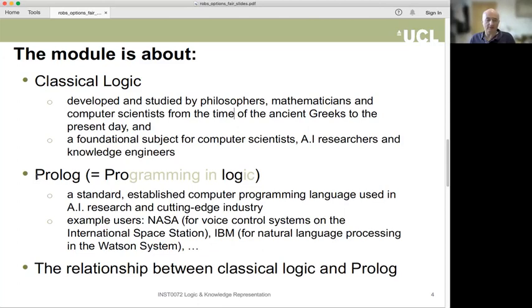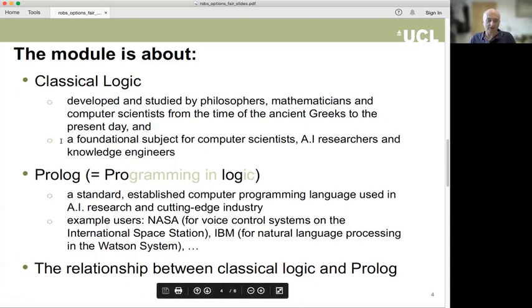And then the module is also about the programming language Prolog. Now, Prolog is a standard AI programming language for research and also used by cutting-edge industry. For example, NASA use it on the space station. IBM used it in their famous Watson system.